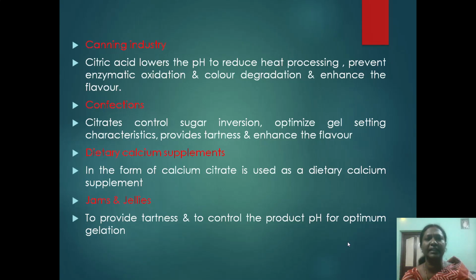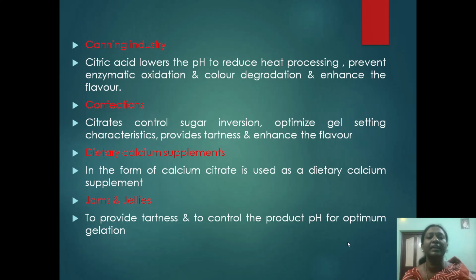Next, in the canning industry, it helps to lower the pH, reduces the heat processing needed, and prevents enzymatic oxidation, that is, color change, and enhances the flavor. In the confection industries, citrate helps to control sugar inversion, helps in the formation of gel, provides tartness, and enhances the flavor.